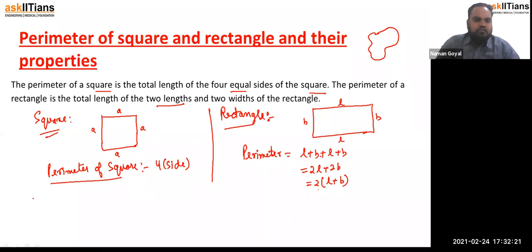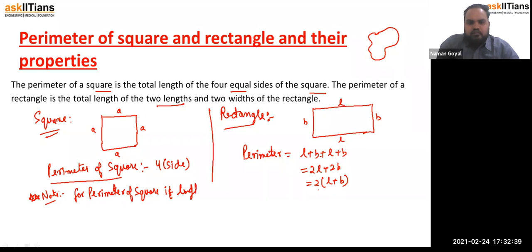Okay, now listen. Next important point. We can write down a note. For the perimeter of a square, if the length of the diagonal is given.